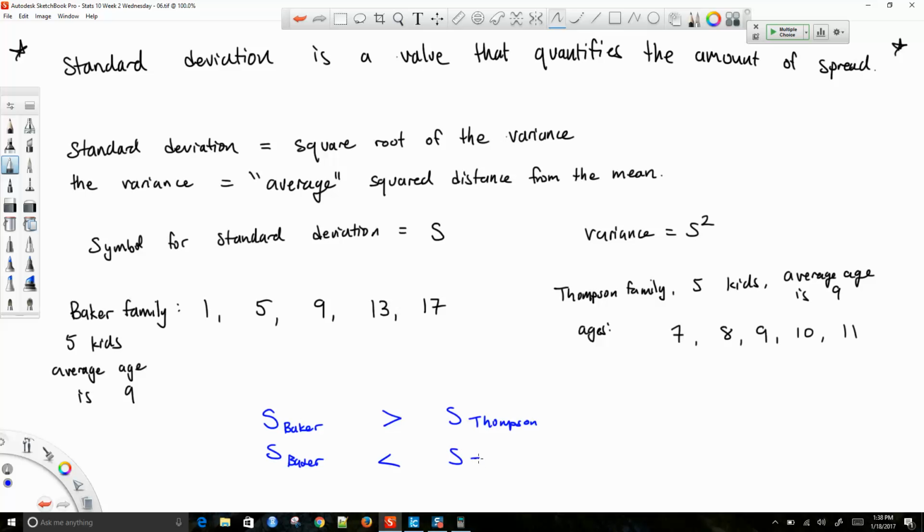Or is it approximately equal to the standard deviation of the Thompson family? Your answer choices will be A, B, or C. Go ahead, choose. Is the standard deviation for the Baker family going to be greater than, less than, or equal to the standard deviation of the Thompson family?